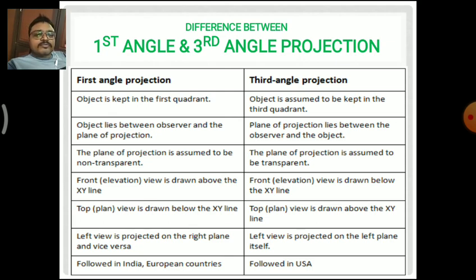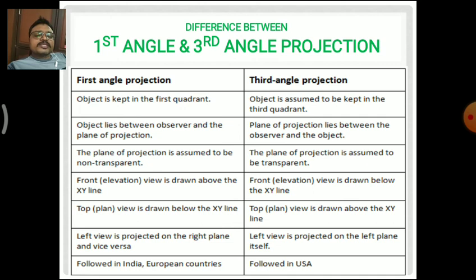We have to draw the front view below the XY line in the third angle projection. But according to universities, colleges and syllabi, the majority of the questions are given in the first angle projection only. Only in rare cases is the third angle projection given.